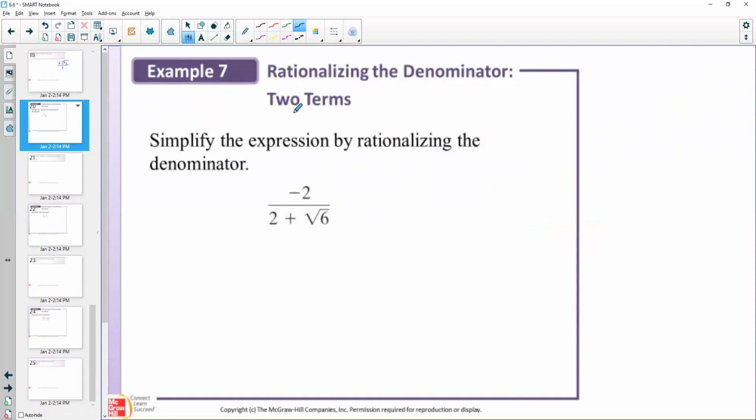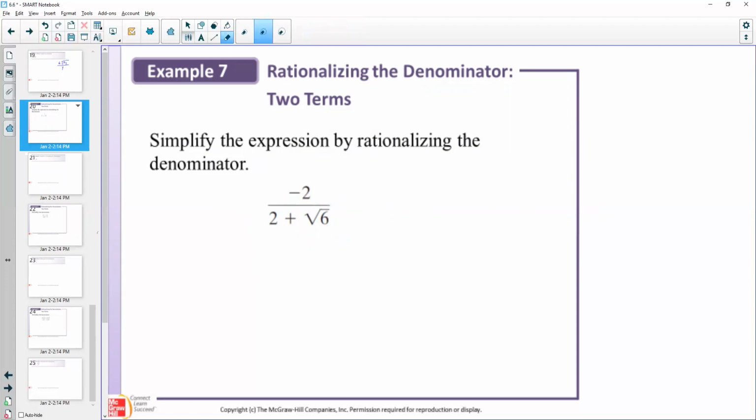Now, this is when it's trickiest. What I cannot do here, because I have this 6 being added to something, right, is just multiply this whole thing by radical 6. It's not going to work because then I would distribute and I would get a 2 radical 6 there and I'd still be stuck. So I'm going to do something different.